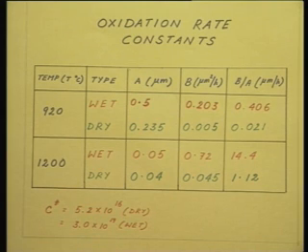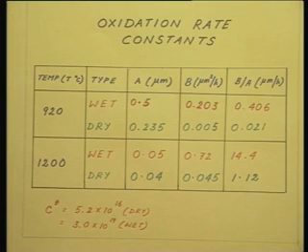So, of course, first of all we have to understand why is it that in case of wet oxidation we have a much faster growth rate, right. That is what it signifies. Both B and B by A are so much larger. Why is it that in case of wet oxidation we have so much larger growth rate?